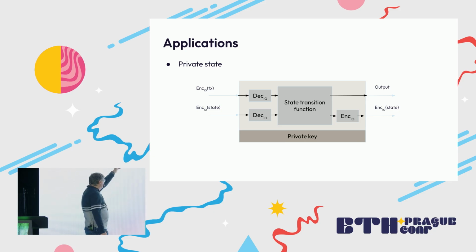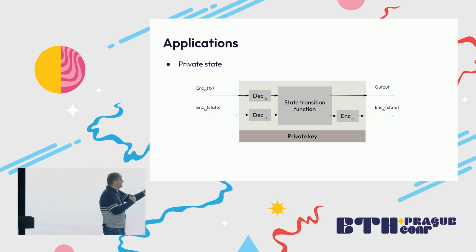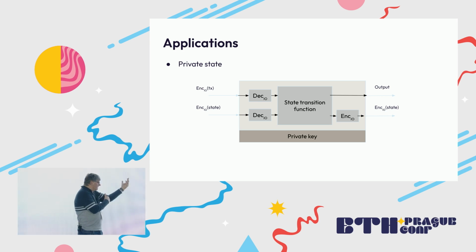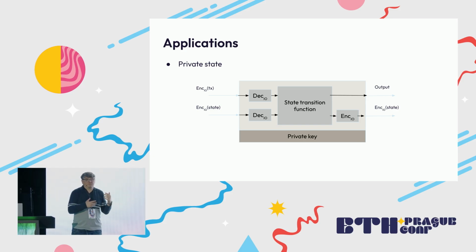Maybe the transactions can also be encrypted, so that nobody knows what you are executing. And you have this box, which decrypts the transaction, decrypts the state, executes the transaction on this decrypted state, re-encrypts the state, and maybe puts out some output that can be open or not. So with this technology, having private blockchains is trivial. I mean, it's natural to have.